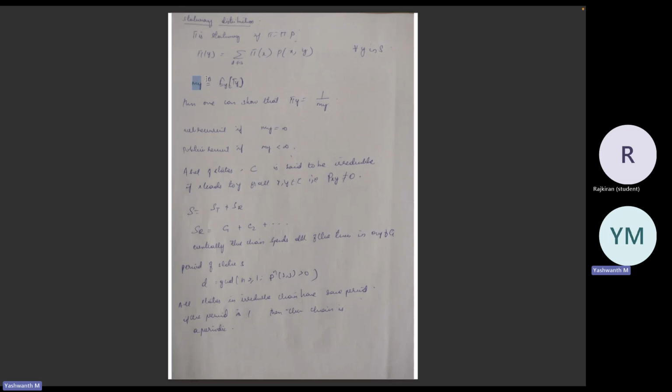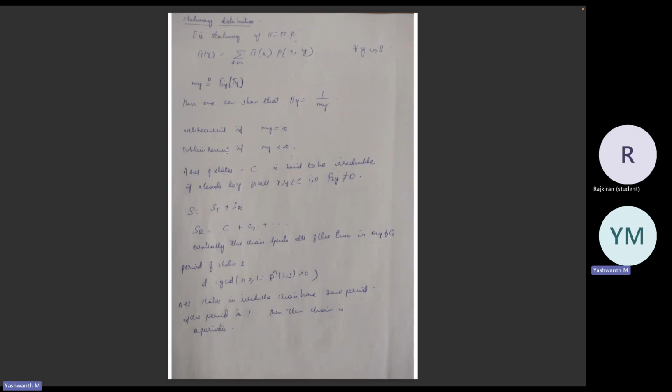So once you define my, right, one can show that if your stationary distribution exists, pi y you can compute as 1 over my. Okay, or my is equal to 1 over pi y, because that is simpler to compute. Okay, and null recurrent, what do you mean by a chain being null recurrent is if you have a state whose expected time to visit y is infinity.